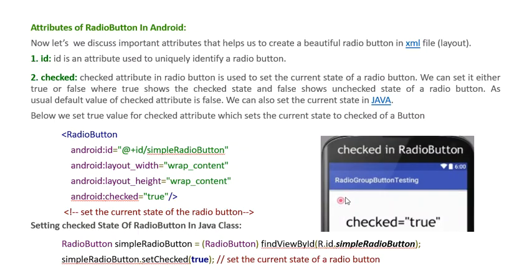You have two radio buttons as circles there, and if the checked is true, the button is selected.